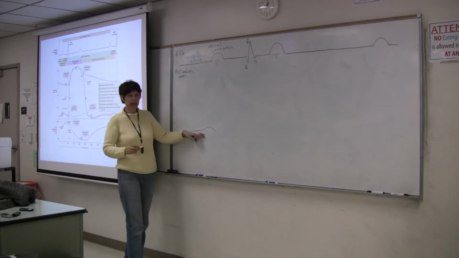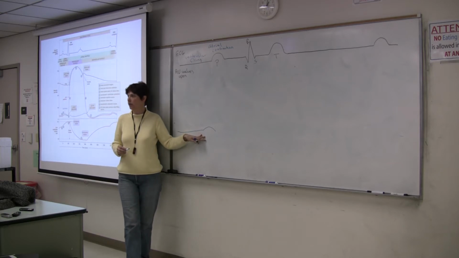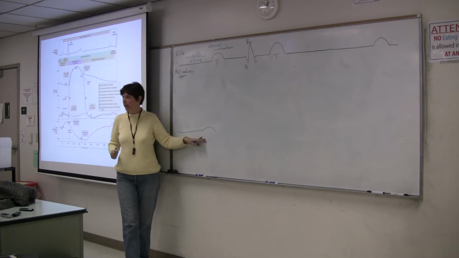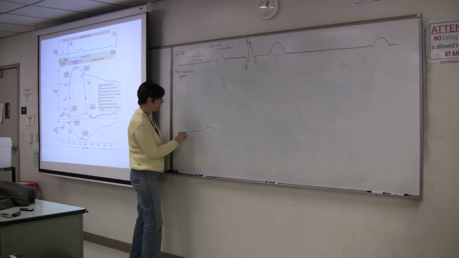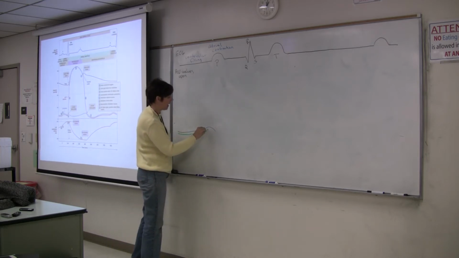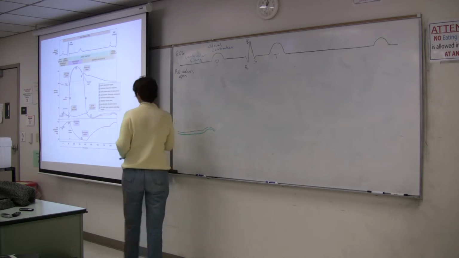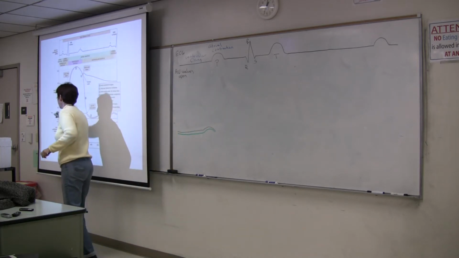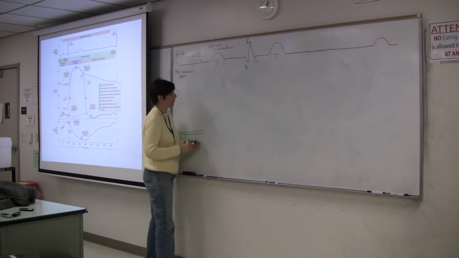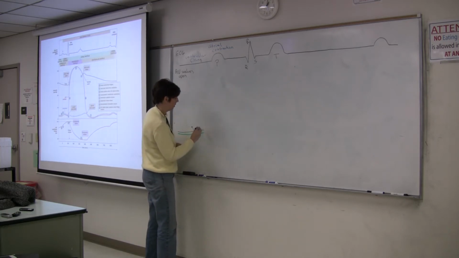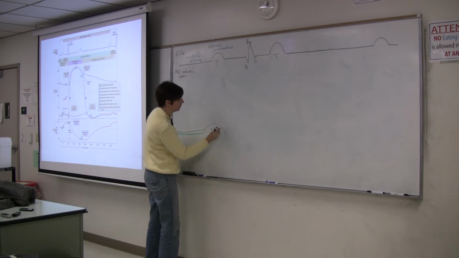Ventricular pressure, is that going to be higher or lower than atrial pressure while we have ventricular filling? It has to be lower. If it was higher, blood wouldn't flow into the ventricles because it's not going to go up a pressure gradient. So ventricular pressure will be slightly lower, and it'll rise slightly when the atria contract. I need to adjust this a little because I have a prolonged PQ interval here.